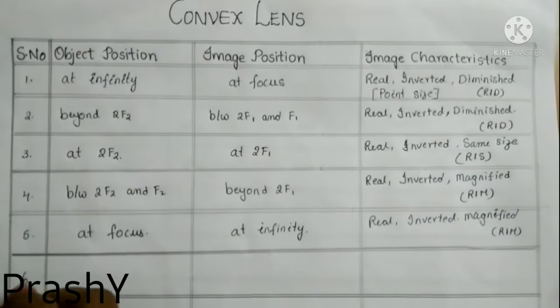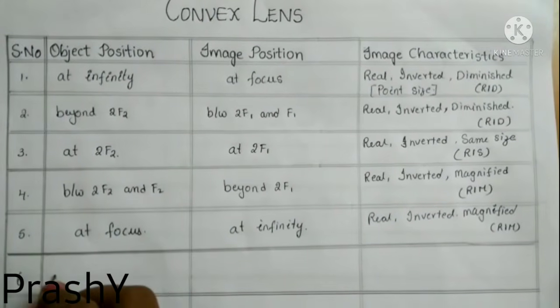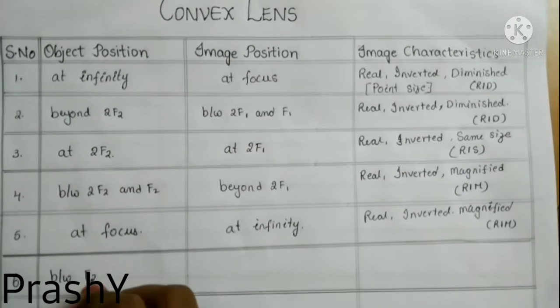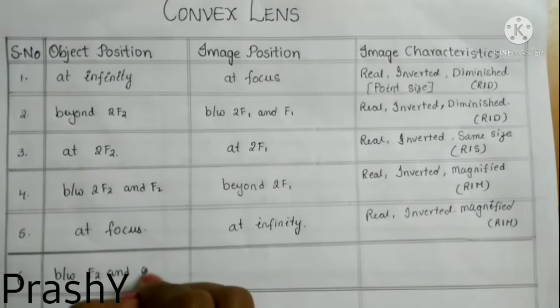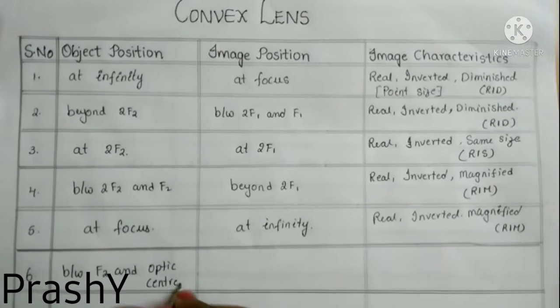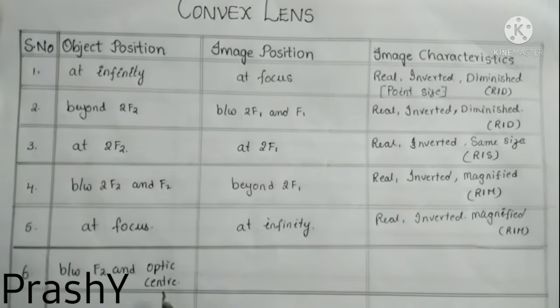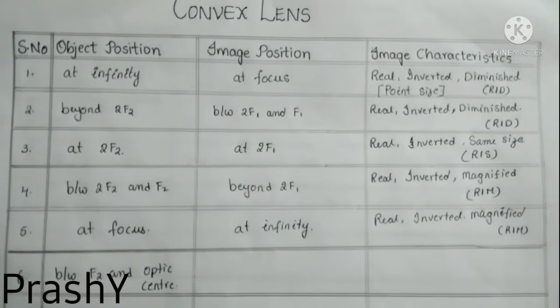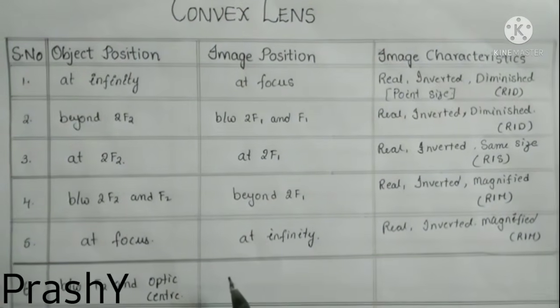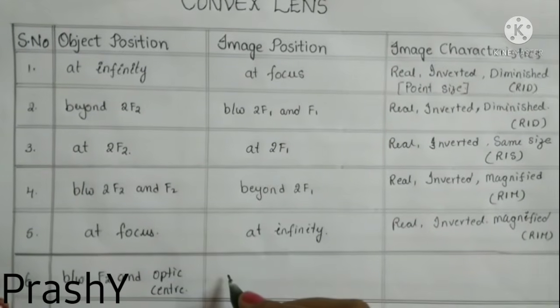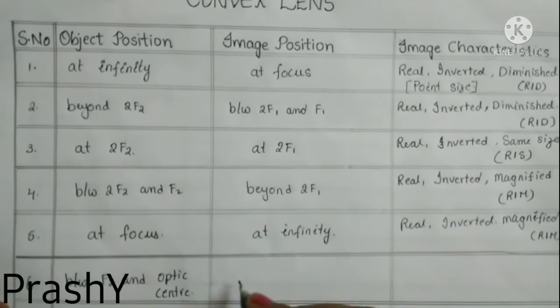Case 6 is a special case where we are placing the object between F2 and optic center. So when I place the object between F2 and optic center, I got the image behind F2. So the image is formed on the same side of the lens. Okay, and it is behind F2.